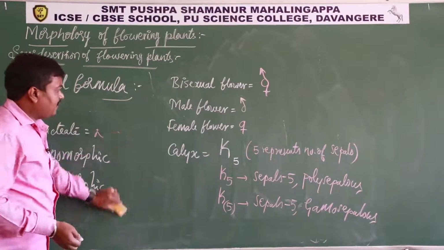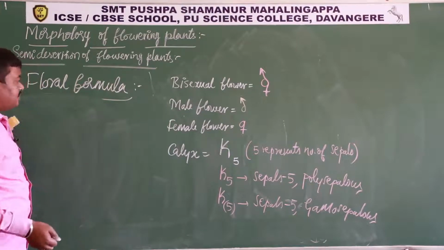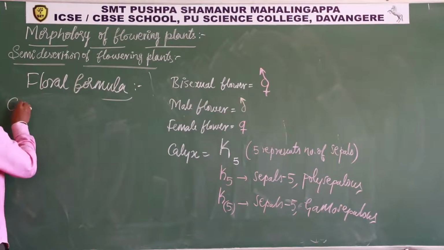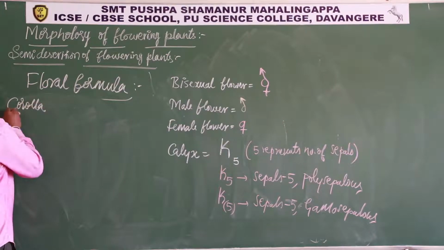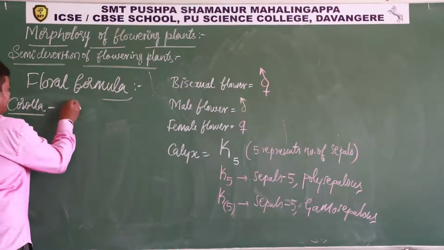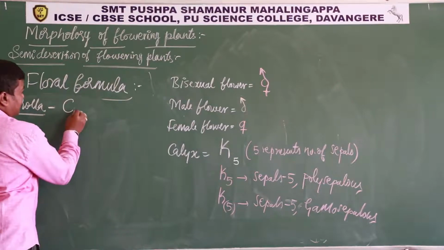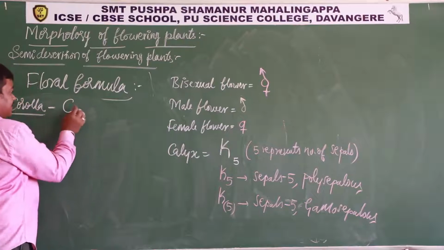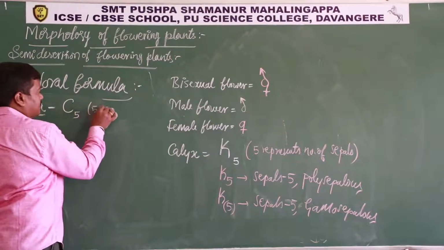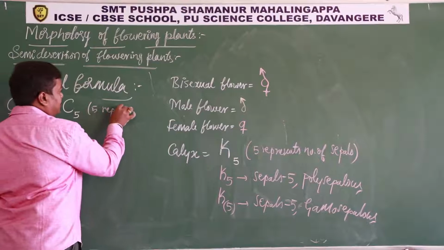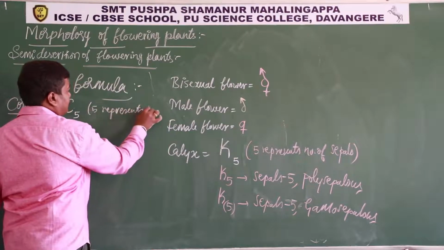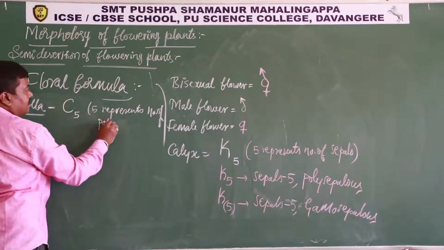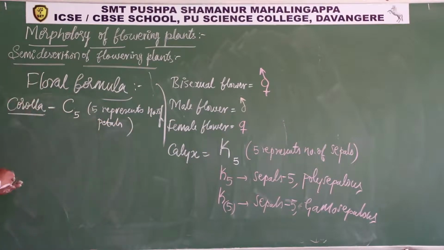Okay. Next, calyx is done. Corolla character. Corolla can be represented by C, so we write C5. Here 5 represents the number of petals, how many petals are there.